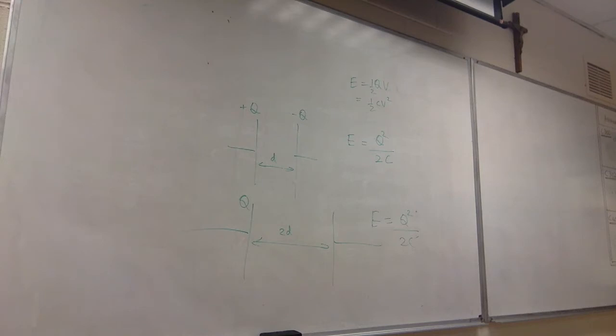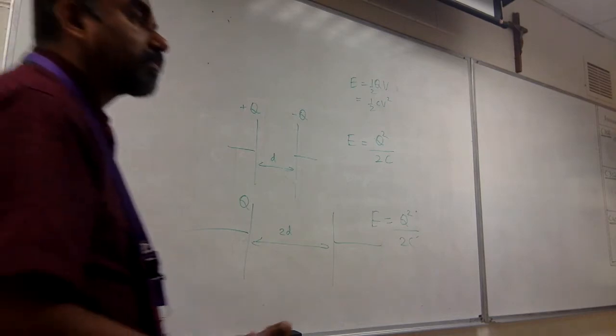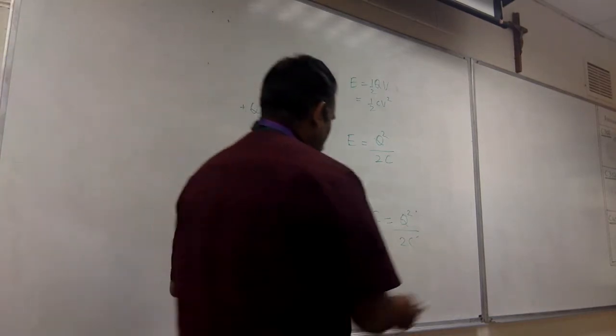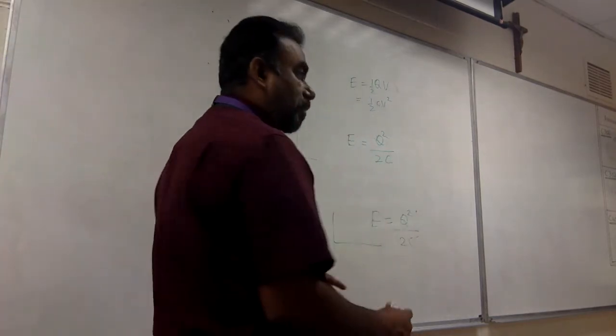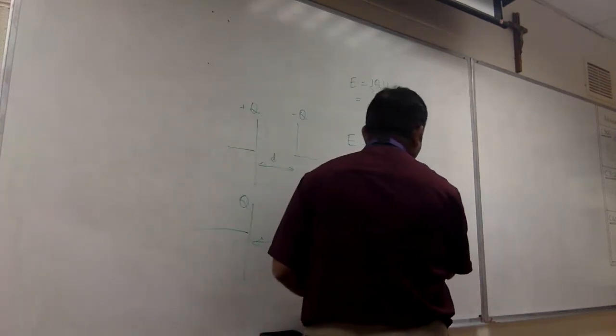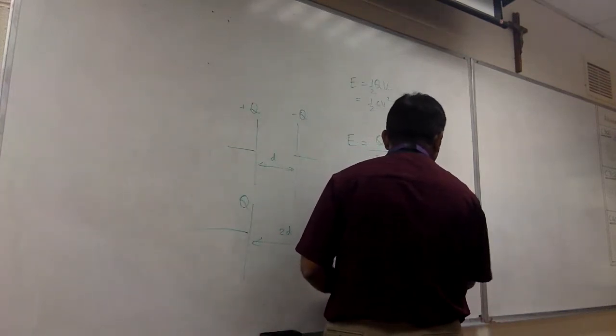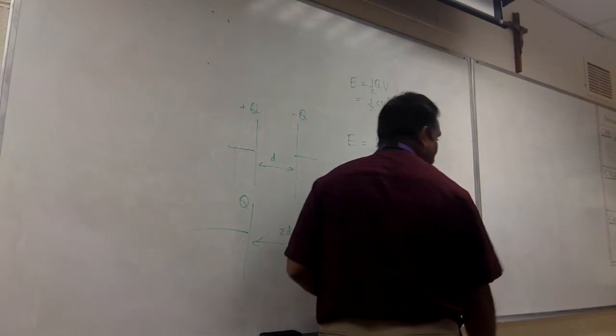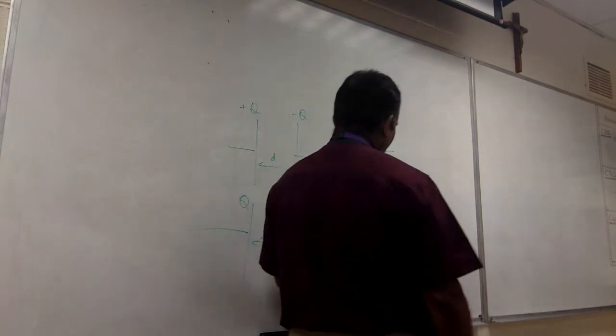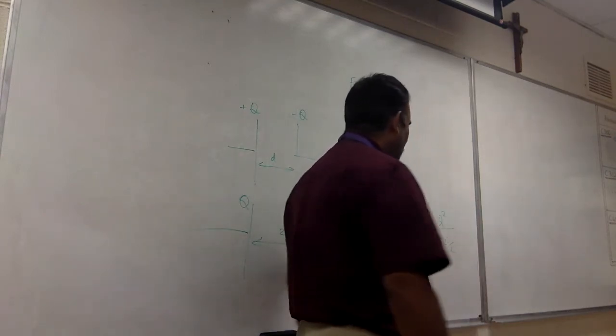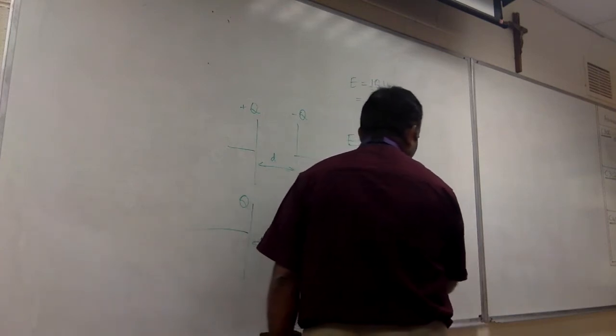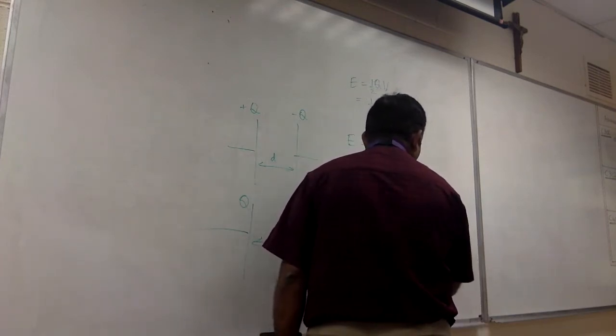What is the new capacitance when the distance between the plates is doubled? Halved. So the distance between the plates is doubled, the capacitance is halved. So this is the same as Q squared over 2 times C over 2. Right? Capacitance is halved. So basically that means it's going to be 2E.